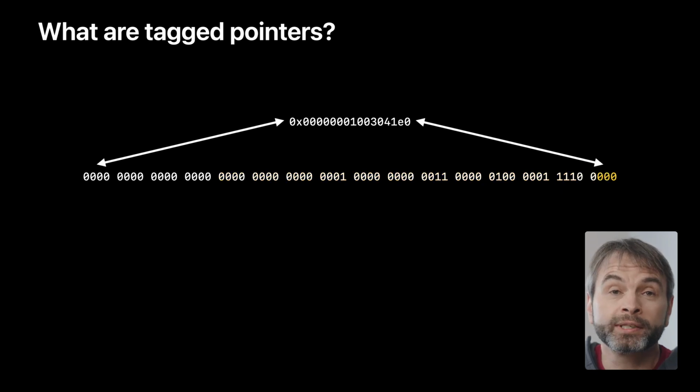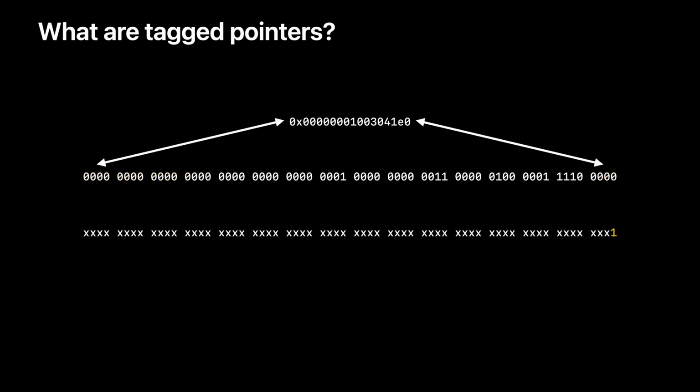The low bits are always 0 because of alignment requirements. Objects must always be located in an address that's a multiple of the pointer size. The high bits are always 0 because the address space is limited. We don't actually go all the way up to 2 to the 64. These high and low bits are always 0.